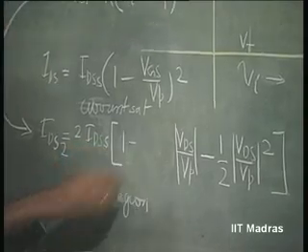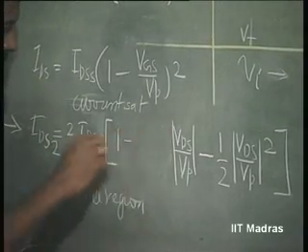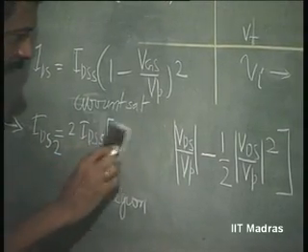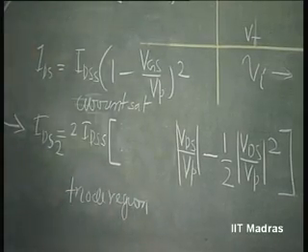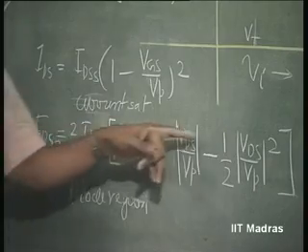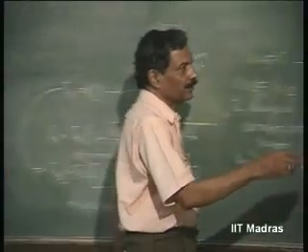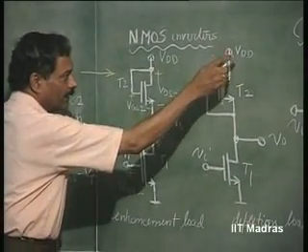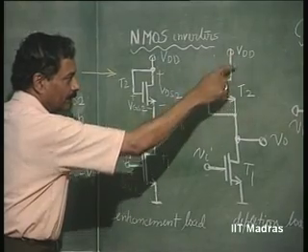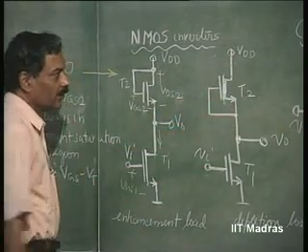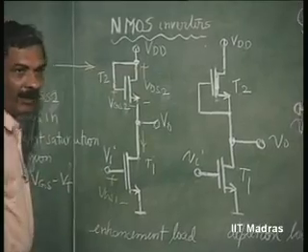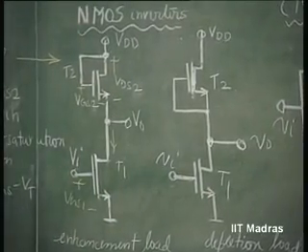This into VDS minus Vp, that is all, 1 into VDS minus Vp, and VDS for this is going to be VDD minus V naught.